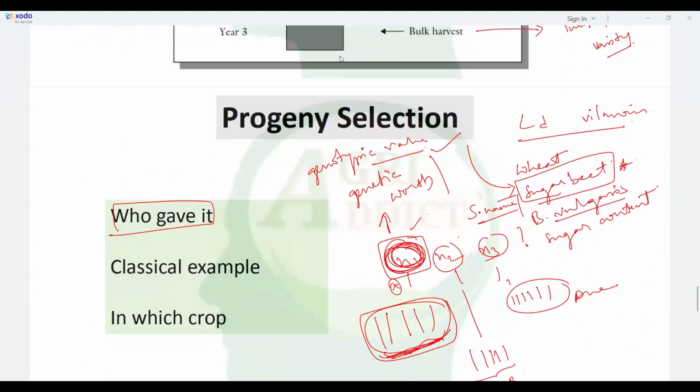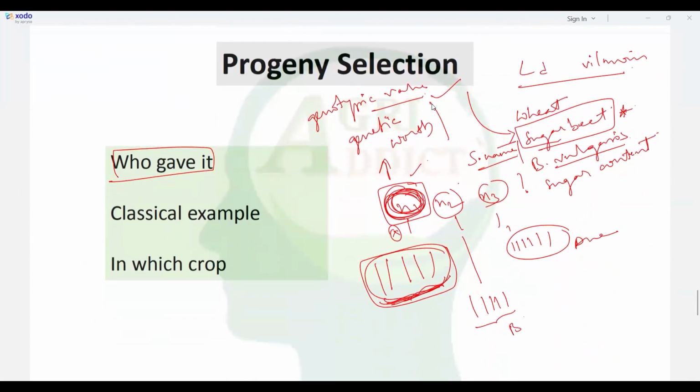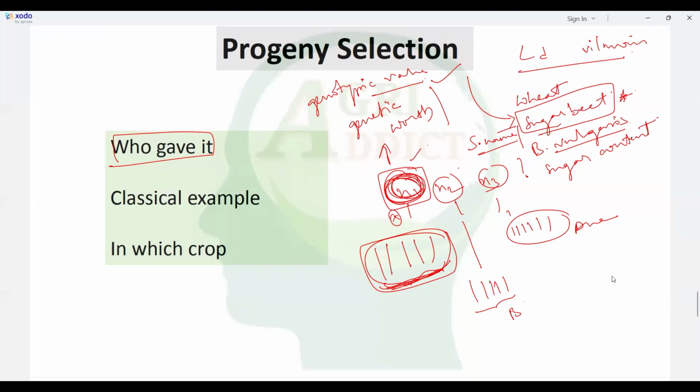And then do you know any crop like hexaploid other than wheat? Other than wheat, hexaploid crop. Don't say rye. Other than wheat and rye. Triticale, that is what. Other than triticale, wheat.